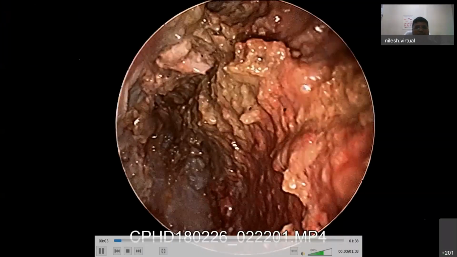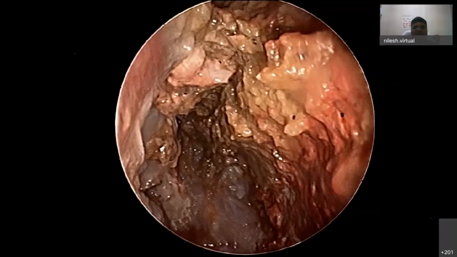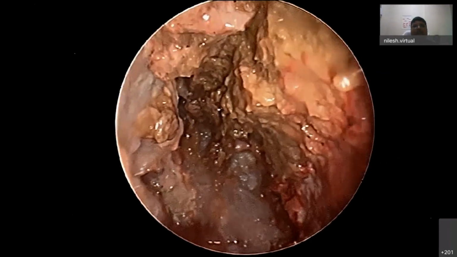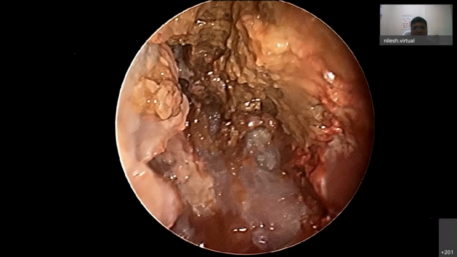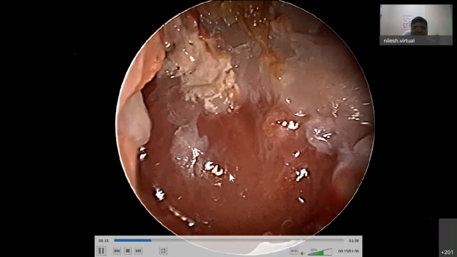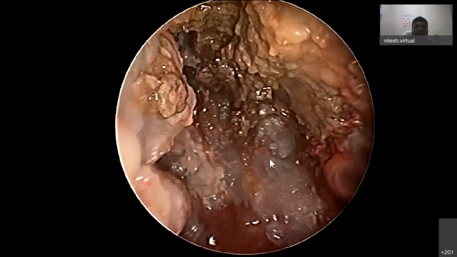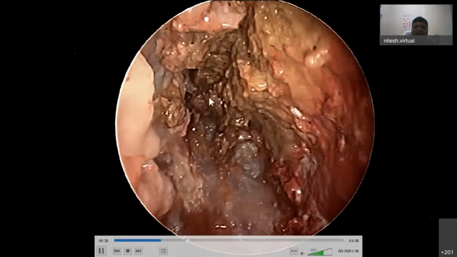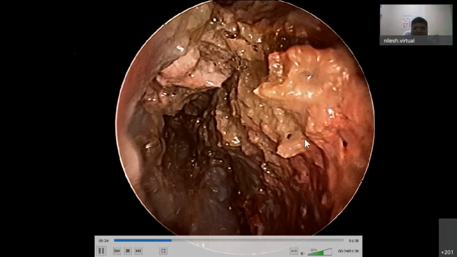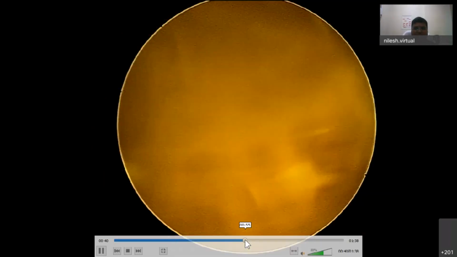There are no landmarks to identify whether it is really an ear or something else. Nothing you can identify apart from some granulations over the tympanic membrane. Everything else is eaten out and all the landmarks are destroyed by the keratosis, and it has become an otomastoid cavity, with keratosis occupying everything in that cavity.